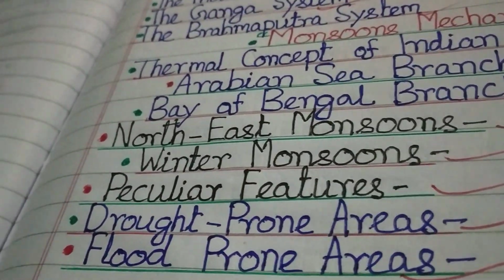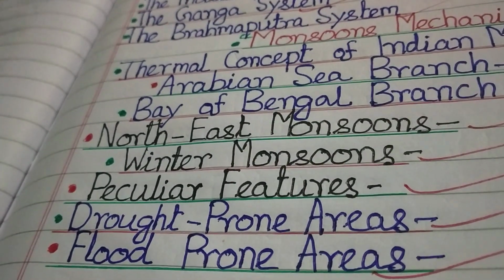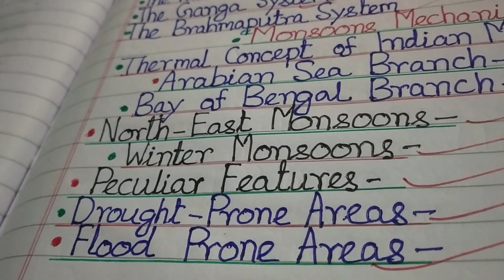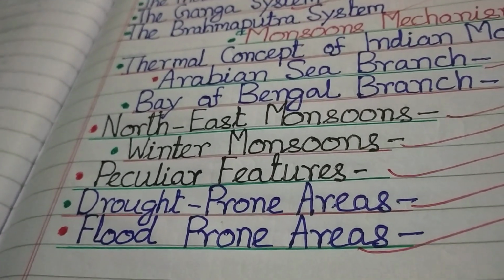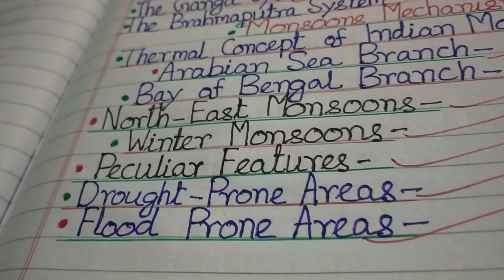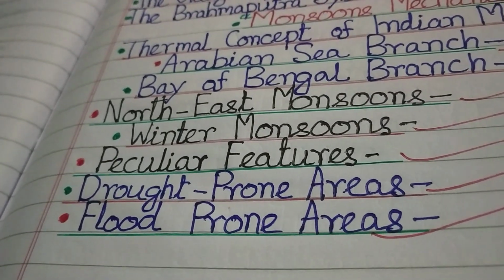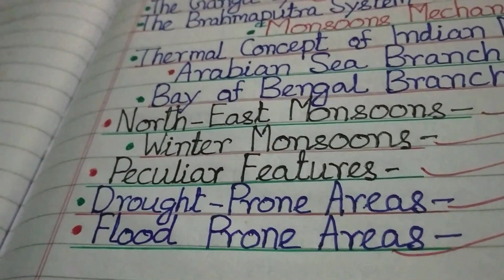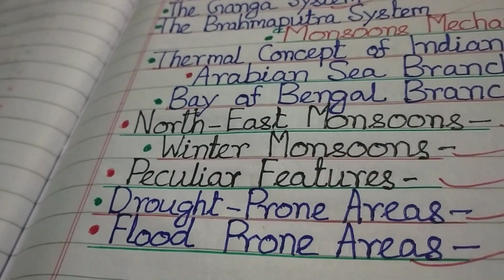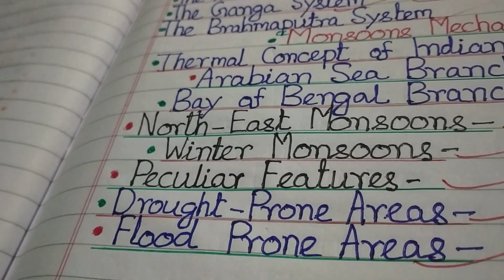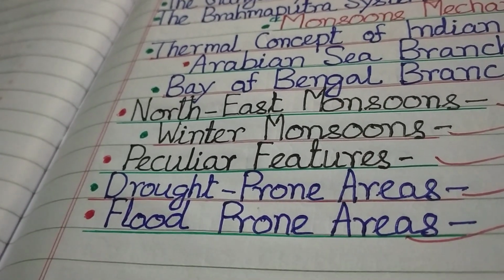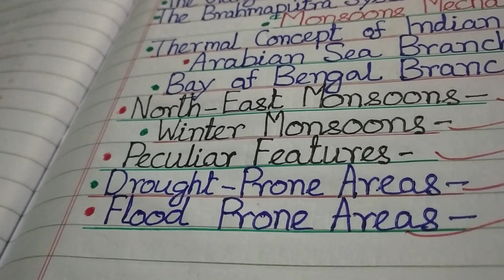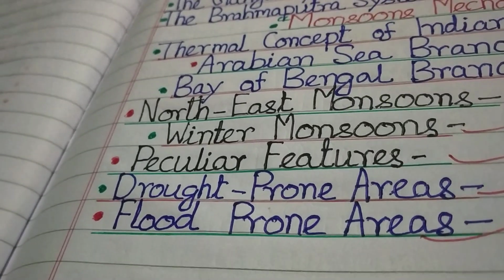The Indian monsoon rainfall is characterized by an erratic nature. At times the rainfall is light. At times it occurs in the form of heavy downpour and torrents causing soil erosion.